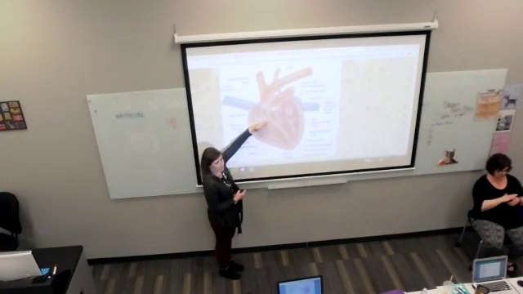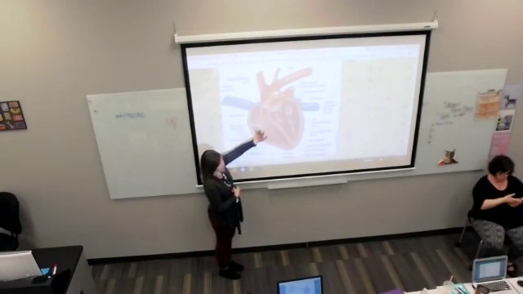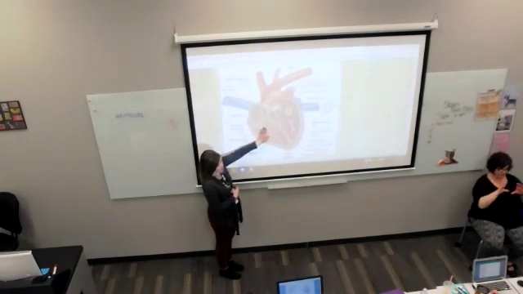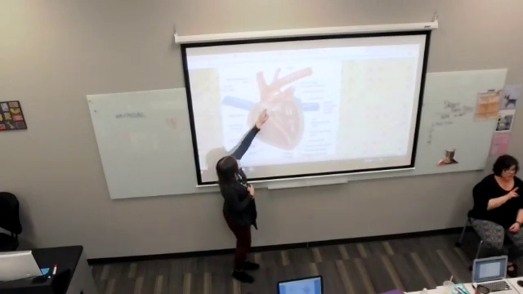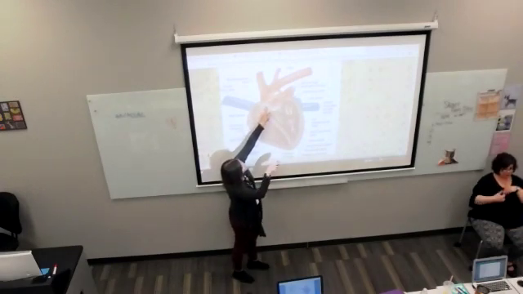The valves help to regulate pressure to a certain extent, but really blood's just passing through. So it's in the right atrium, it goes through the tricuspid doorway, and now it's in this big chunk, the right ventricle. Again, from the right ventricle, it leads up to our pulmonary arteries.